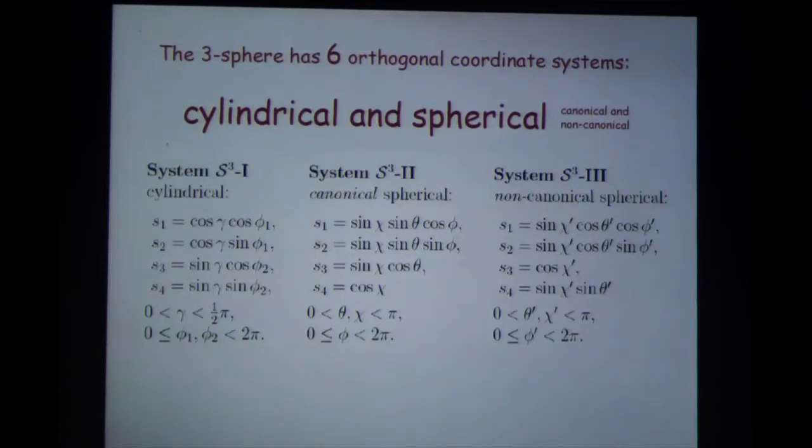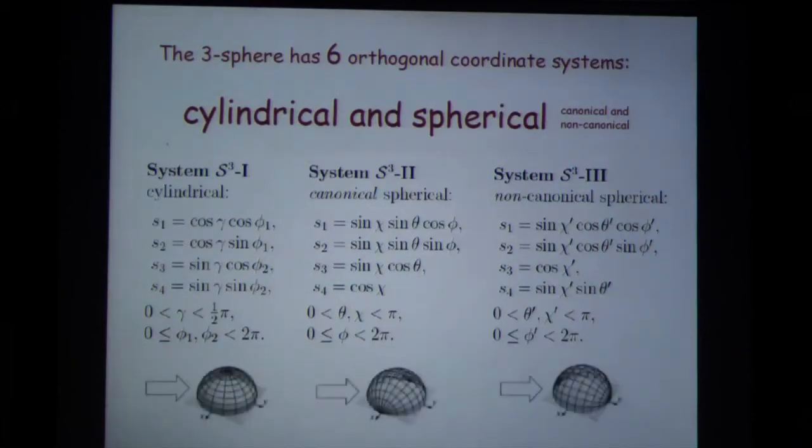And the non-canonical spherical, well, you just rotate the half sphere by 90 degrees. Now, I was convinced that you would be solving that with linear D functions. So these are the three coordinate systems. And by projecting these half spheres on the disk, we will obtain the solutions we're looking for.